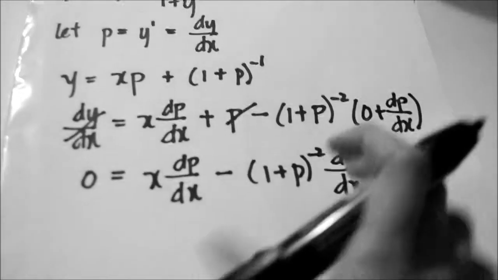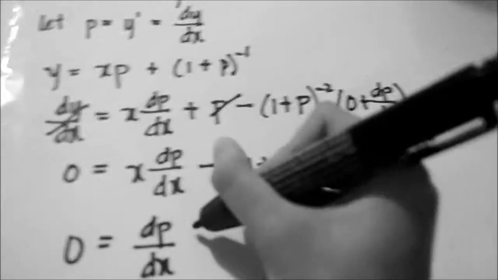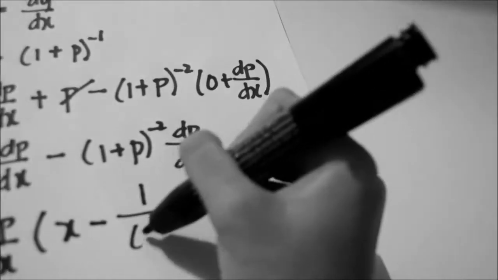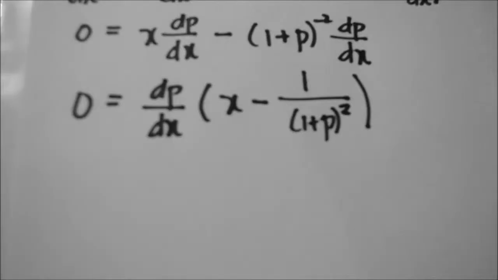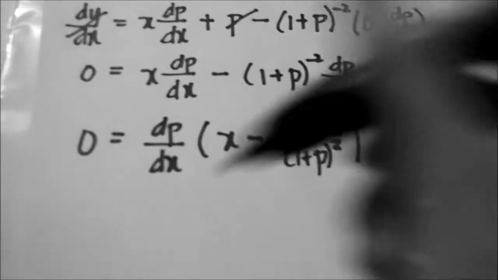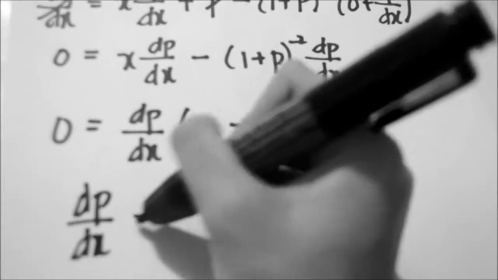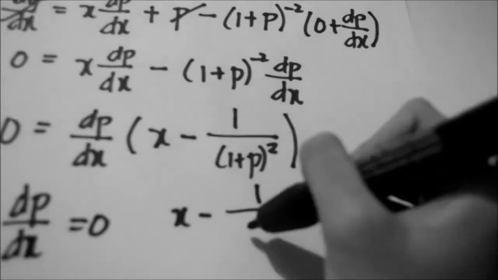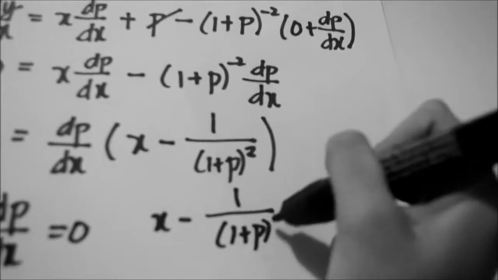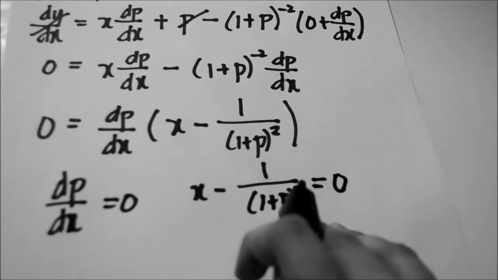Factor out dp/dx, so dp/dx times the quantity x - 1/(1 + p)^2. From this, we have dp/dx = 0 and x - 1/(1 + p)^2 = 0, which we will solve later on.